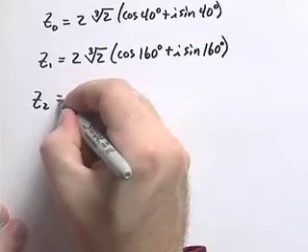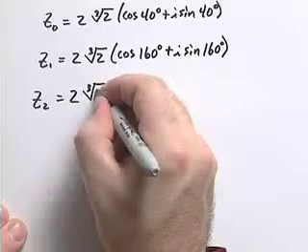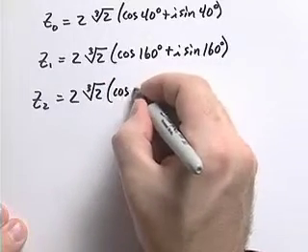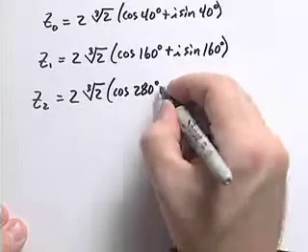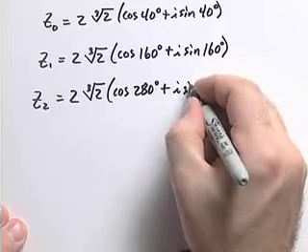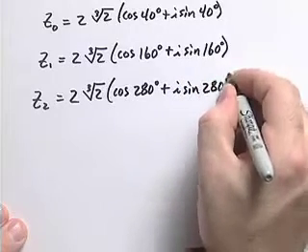And z sub 2 is equal to 2 times the cube root of 2 times the cosine of 280 degrees plus i times the sine of 280 degrees.